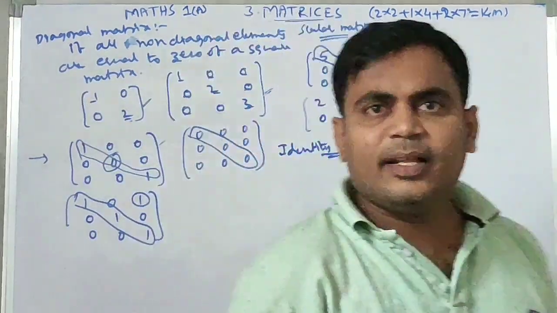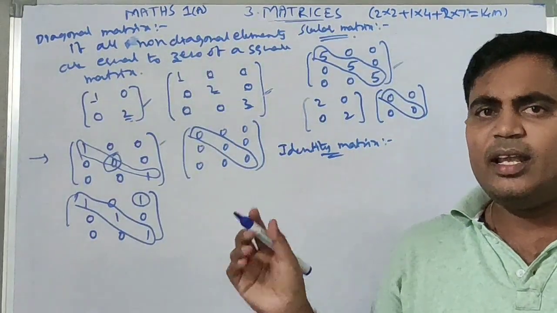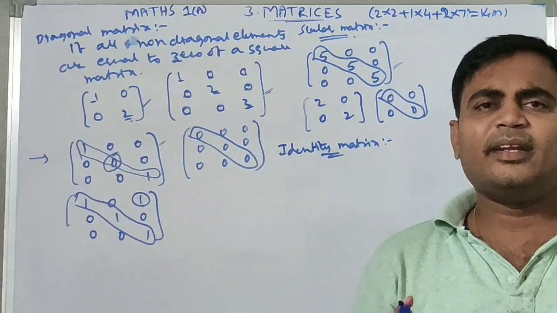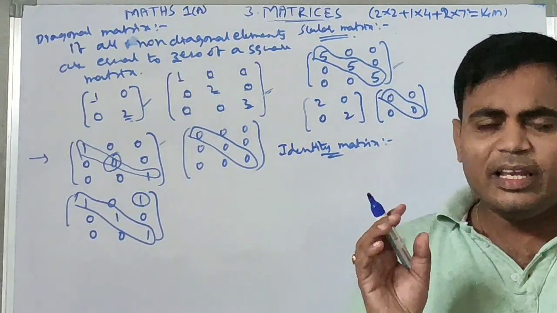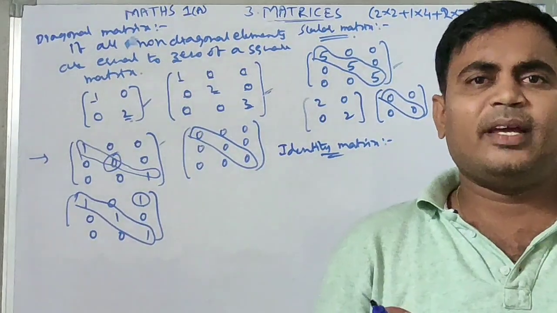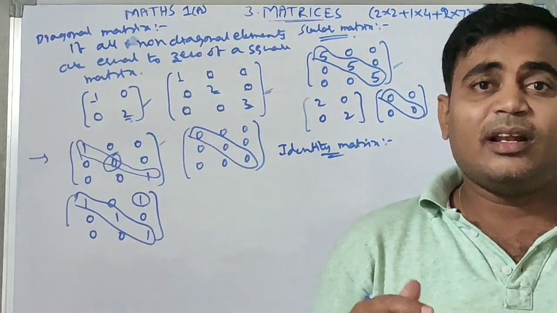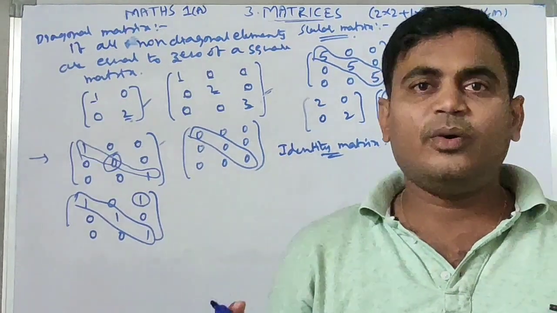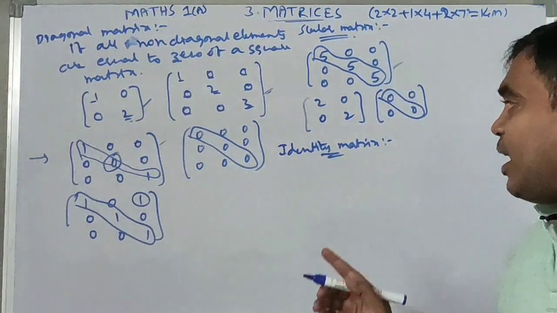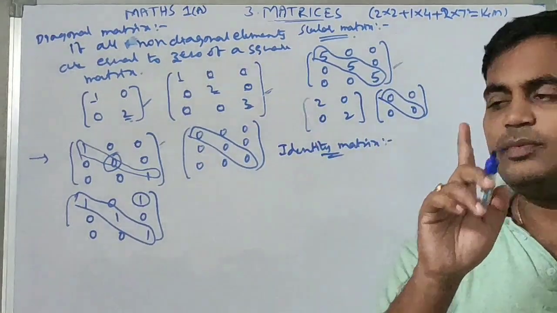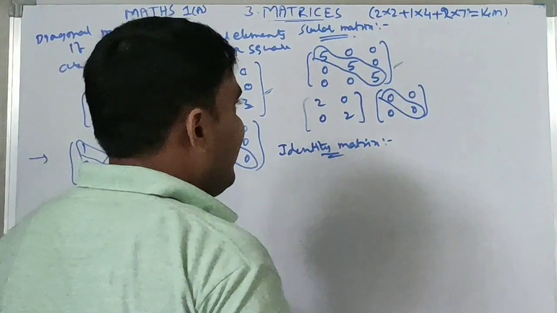If we are taking an identity matrix, it should be a square matrix first of all. In that square matrix, the non-diagonal elements are equal to 0 and all the diagonal elements are equal to 1. Then only it is an identity matrix.